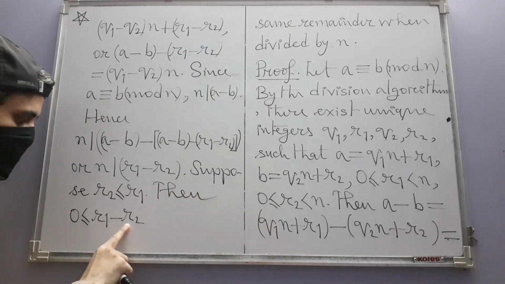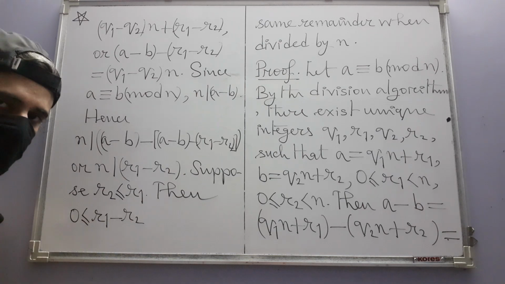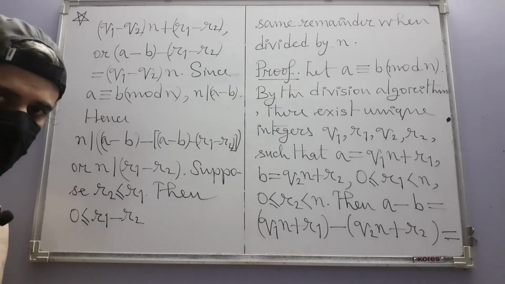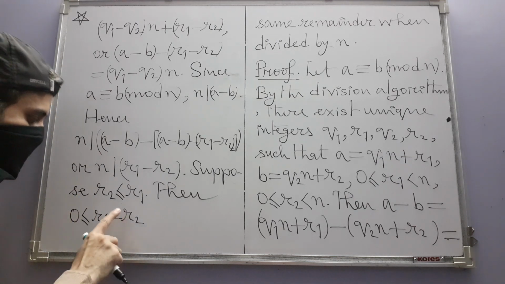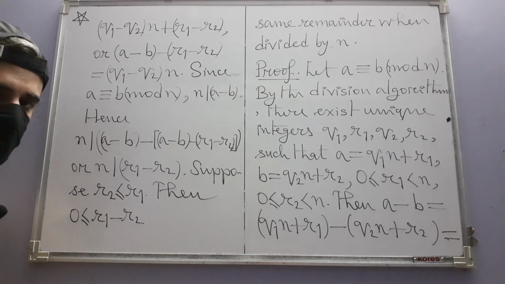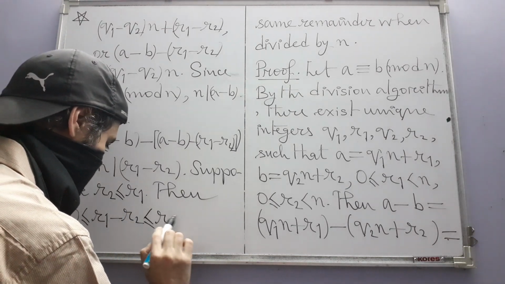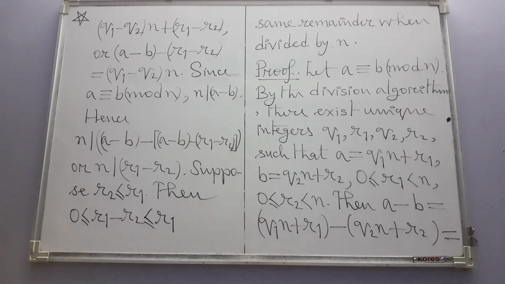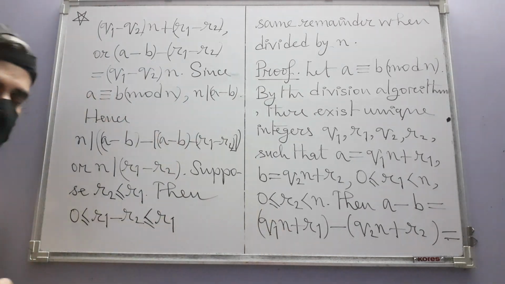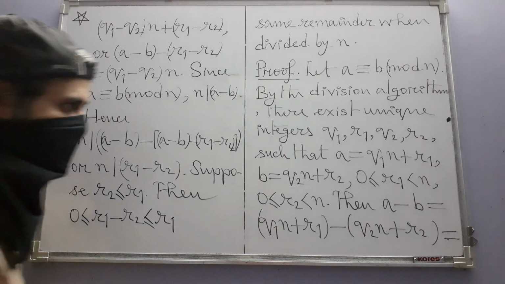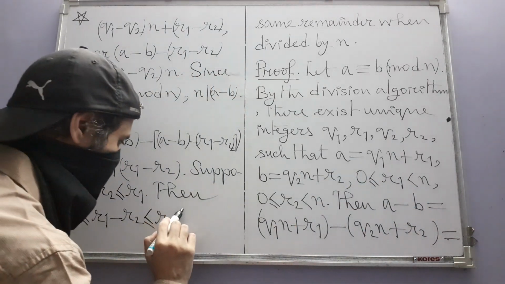So subtracting R2 means subtracting something positive from R1 or subtracting 0. If R2 is 0, R1 stays R1. Otherwise it decreases. And that is why this is less than or equal to R1 itself. And this second inequality comes from the non-negativity of R2. However, we are also given that R1 is less than n.